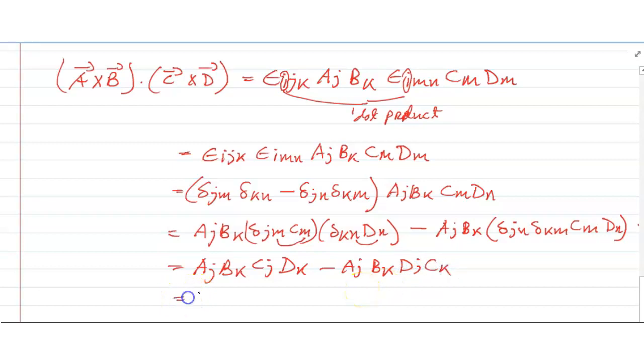So it can be written this way: aj cj and bk dk minus aj dj into bk ck.